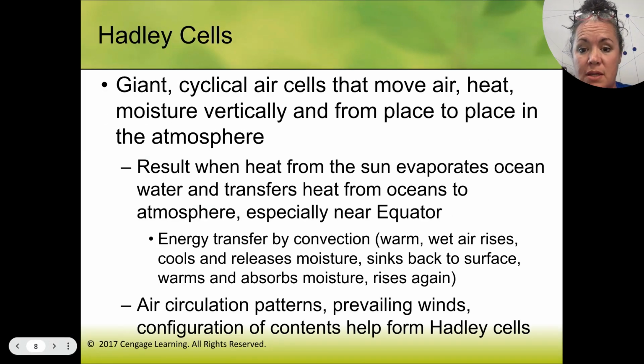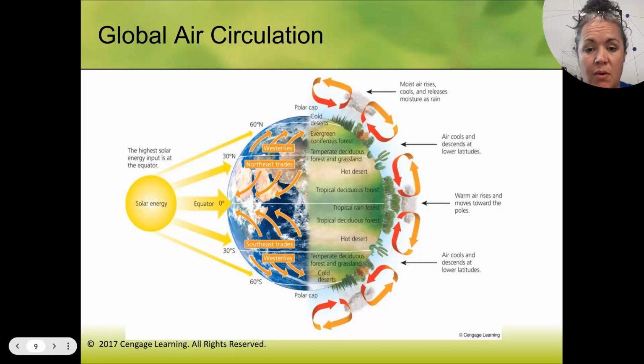I want you to take a look at what we were talking about yesterday, right? So global air circulation. What we've got is this really big idea about the way air moves, and I explained to you really carefully how water moves, like where it evaporates, how it rises, and then how it falls out, and how that air dries.